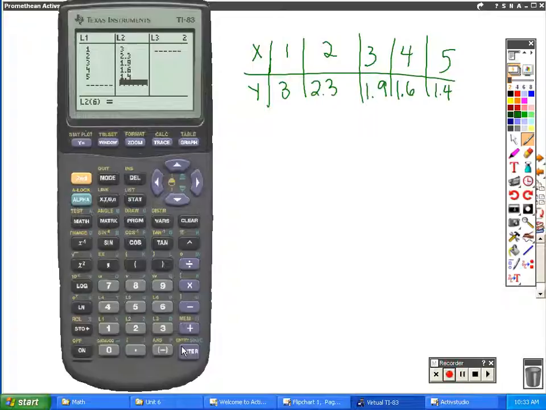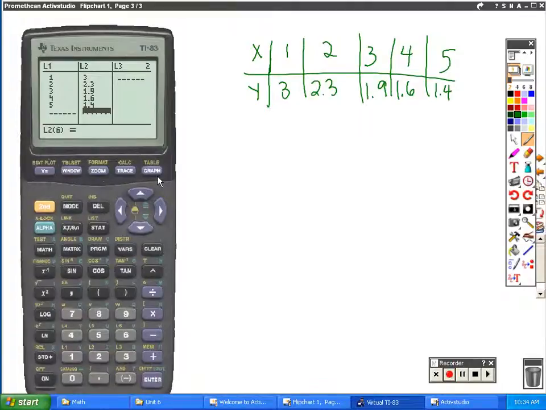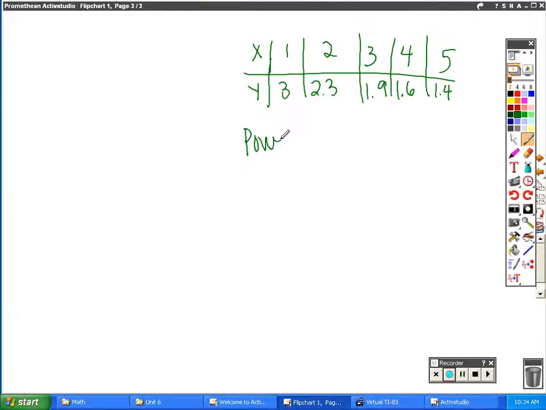Before I get too far into this, I'm going to look at this from this standpoint. I know that a power function has this idea. We don't really know much about what's going on the negative side, but we're really concerned about this side.